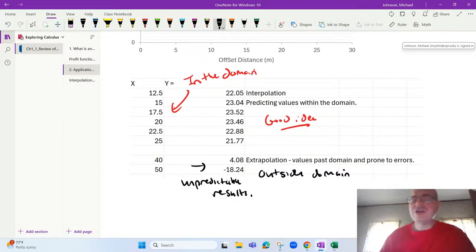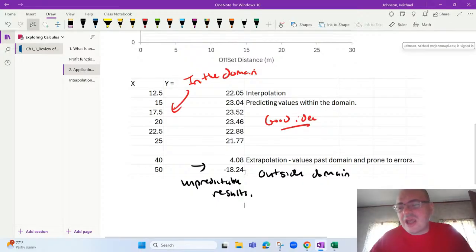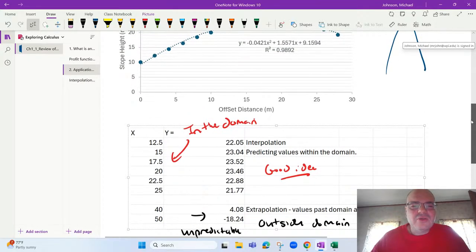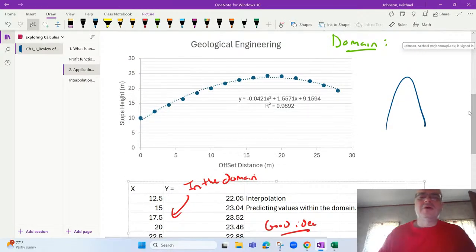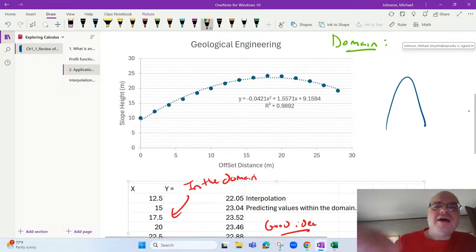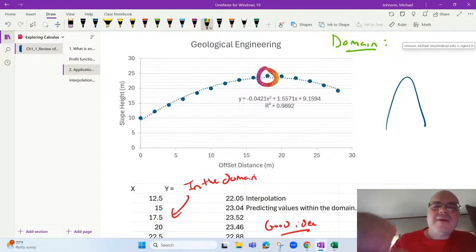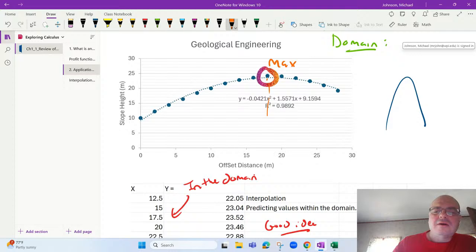So your function can mathematically work for values outside the domain, but the intuition of our model was between 0 and 28, and we see the relationship graphically and also through the data. So through the data, it seems like it maximized about this point at about 18.